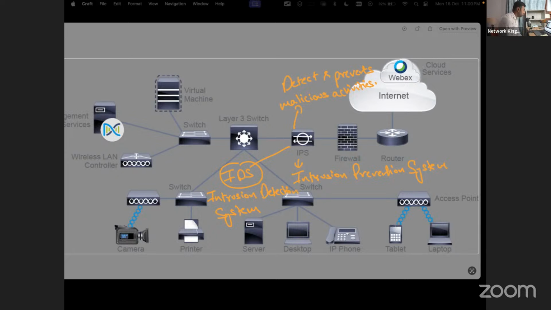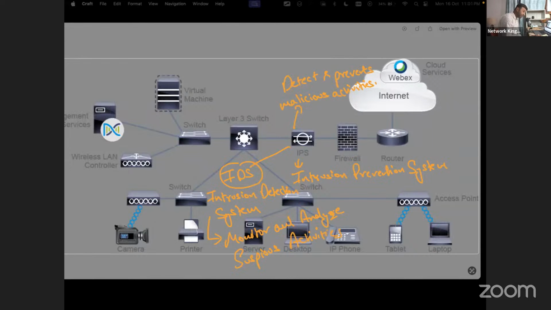Now, this is also a network device which will monitor and analyze for threats. Monitor and analyze network traffic to identify potential security breaches or suspicious activities.